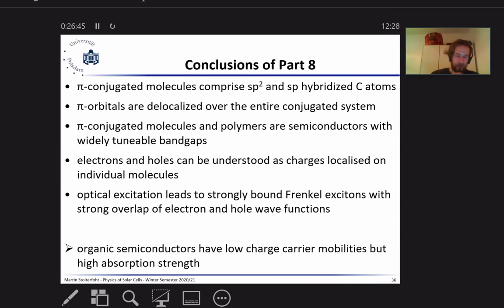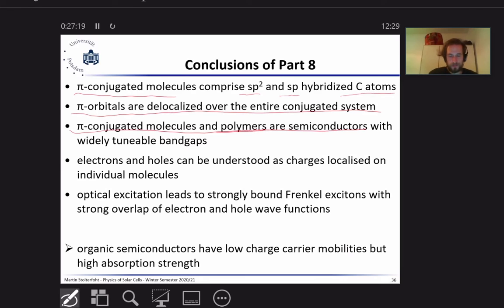Pi-conjugated polymers comprise sp2 and sp hybridized C atoms. This leads to pi-conjugated molecules. This we can even measure, like with the STM measurements, that the pi orbitals are delocalized over the whole molecule. Pi-conjugated molecules are semiconducting molecules.